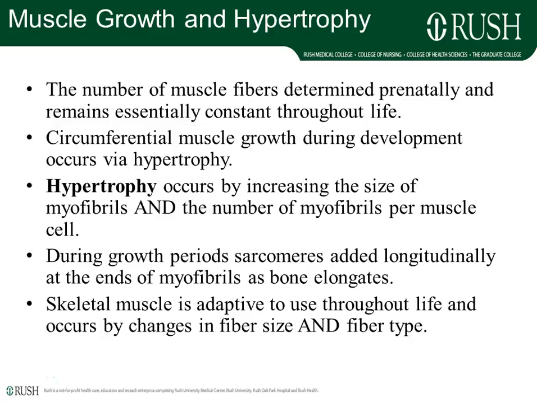So the skeletal muscle is adaptive throughout life, and it occurs by changes in both the fiber size and the fiber type. So you can adapt a muscle for longer contraction or faster contraction if you're, say, a sprinter or something like that.